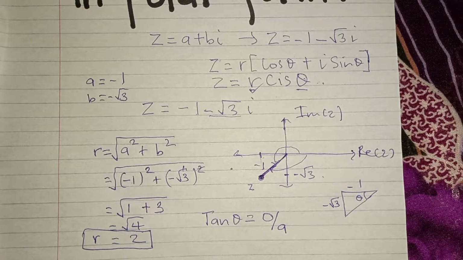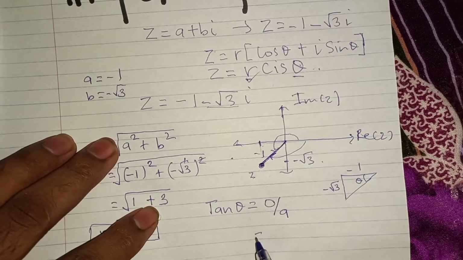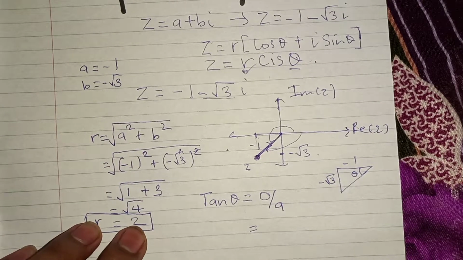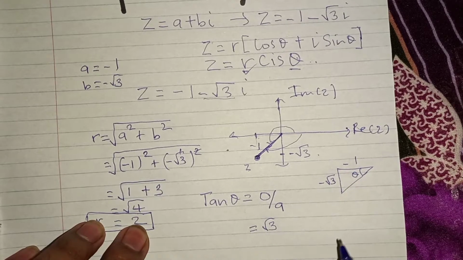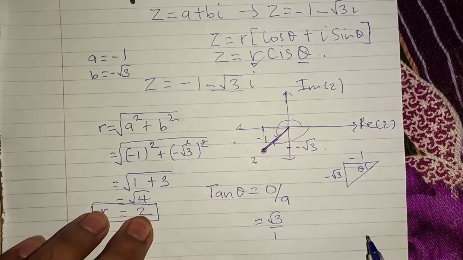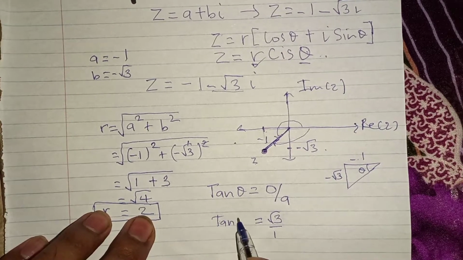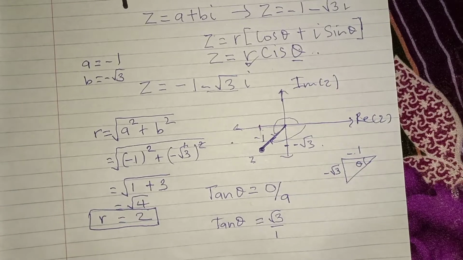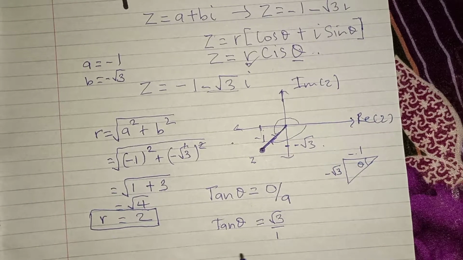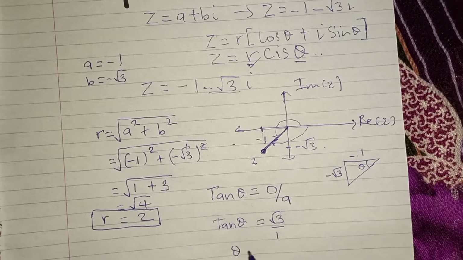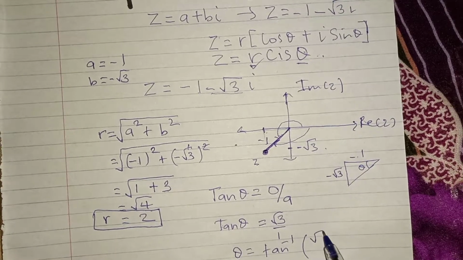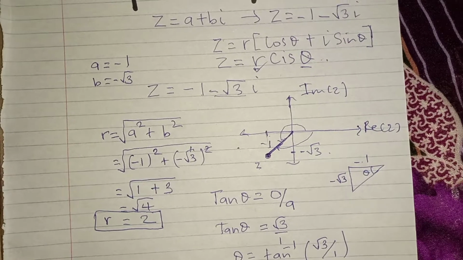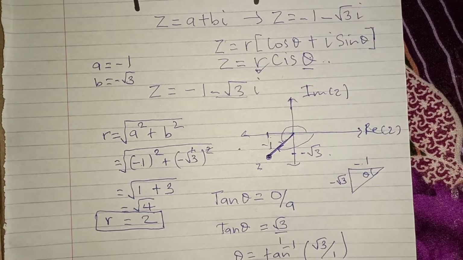When we are finding our acute angle, we always disregard the negative sign. So the opposite side will be +√3 and the adjacent side will be +1. So tangent theta is equal to √3/1. And when we take theta, we have to do tangent inverse of √3/1, and theta comes to 60 degrees.